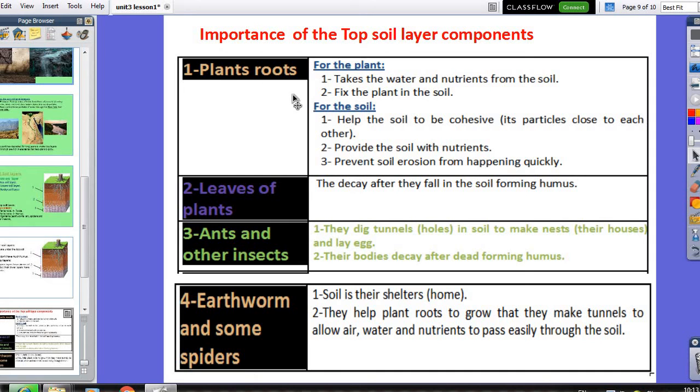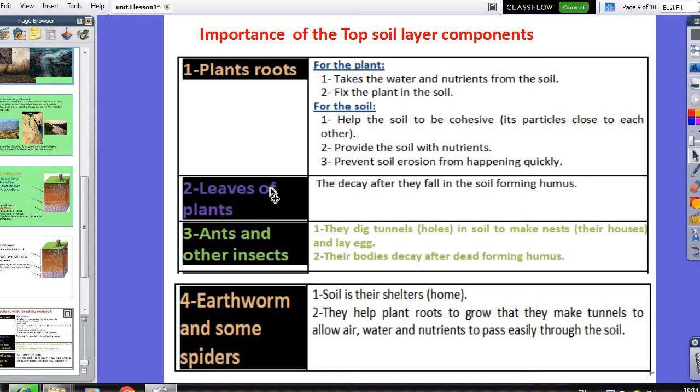Plant roots are very important for the plant. They take water and nutrients from the soil and fix the plant to the soil. Plant roots are also very important for the soil. They help the soil to be cohesive, keeping its particles close to each other, provide the soil with nutrients, and prevent soil erosion from happening quickly.